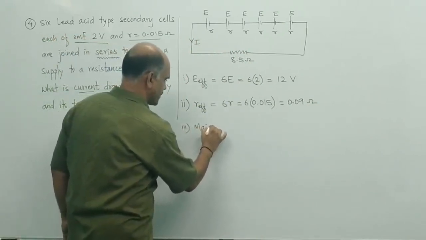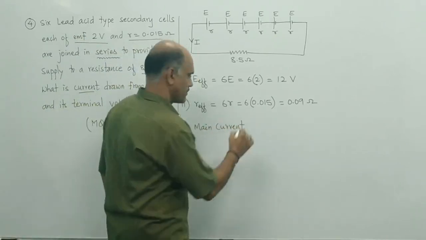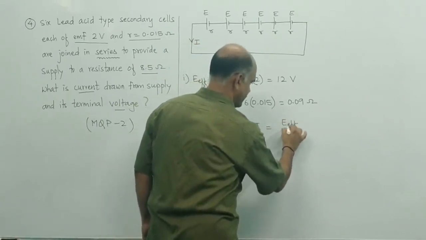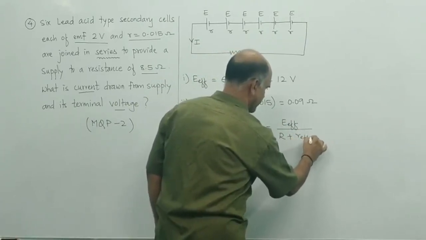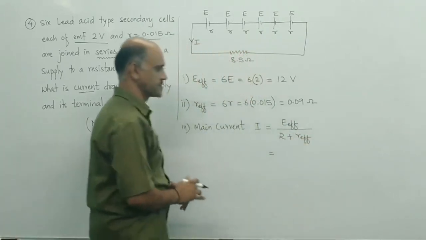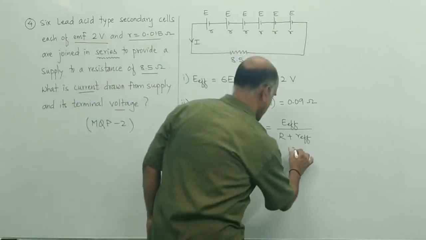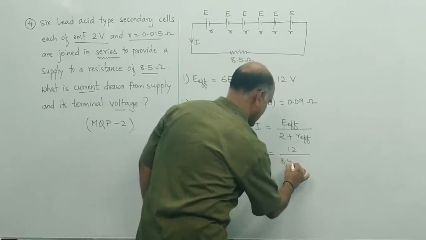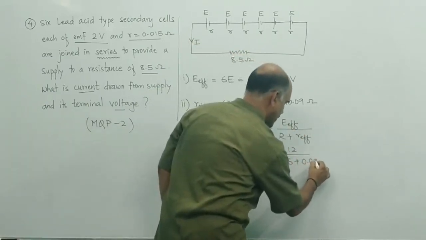Third step, main current. So main current or total current, what he has asked. So main current I is equal to E effective divided by R plus r effective. Now substitute. E effective is 12. Capital R is 8.5. Small r is 0.09.